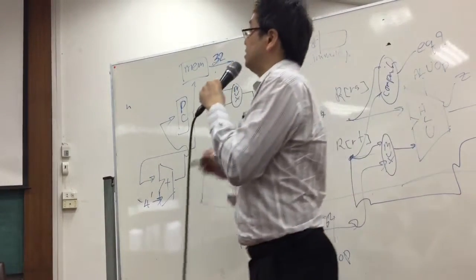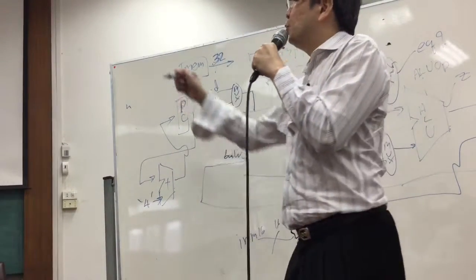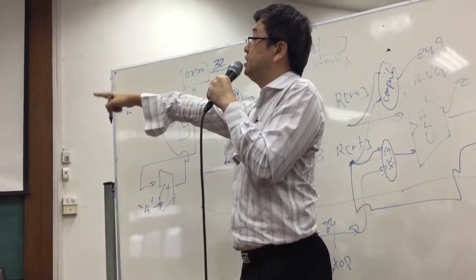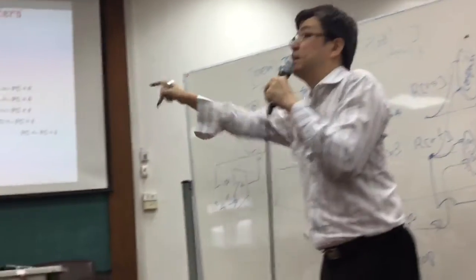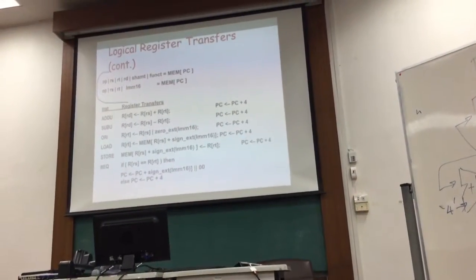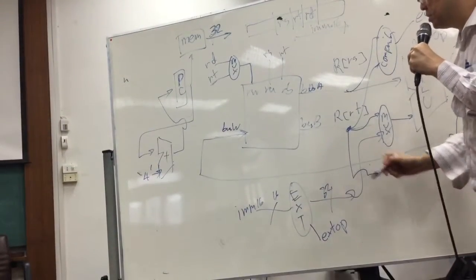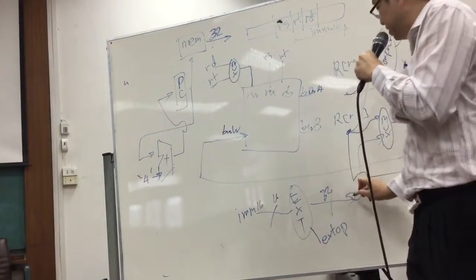But in our case, we want to do either PC equals PC plus 4 or PC equals PC plus the sign extended immediate. Do we have the sign extended immediate? Yes, we have it here.